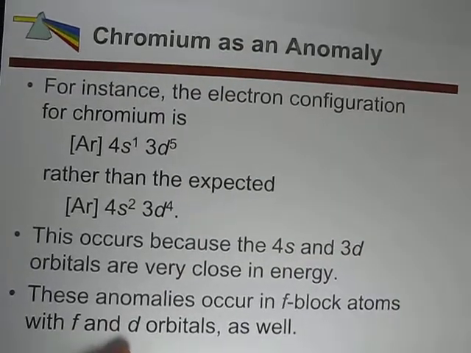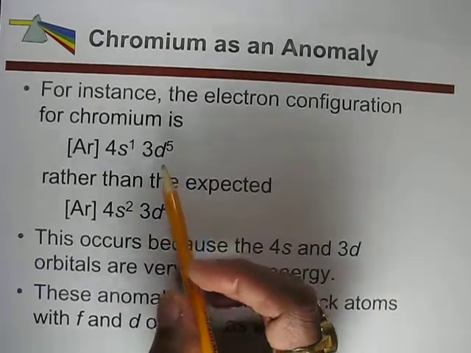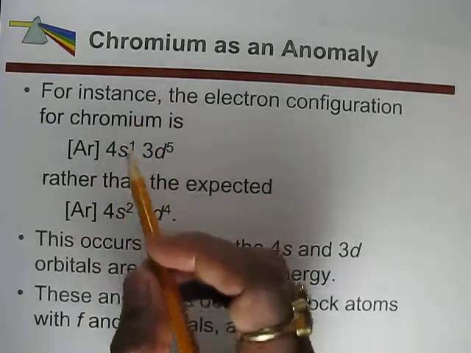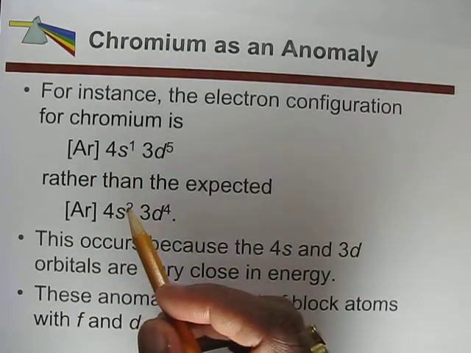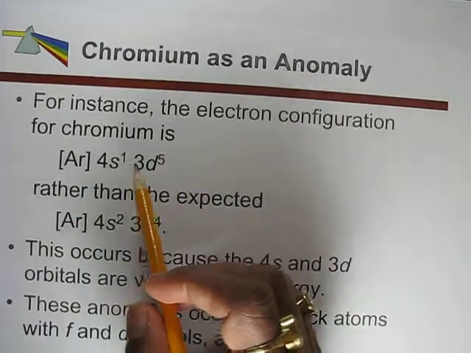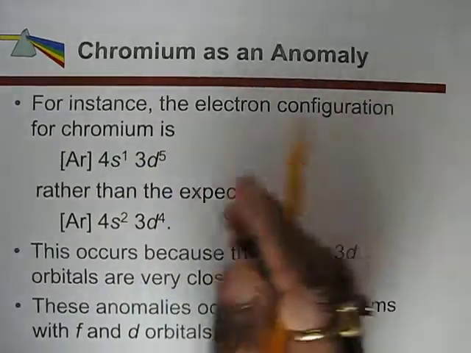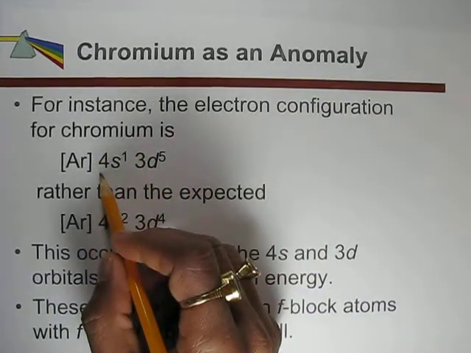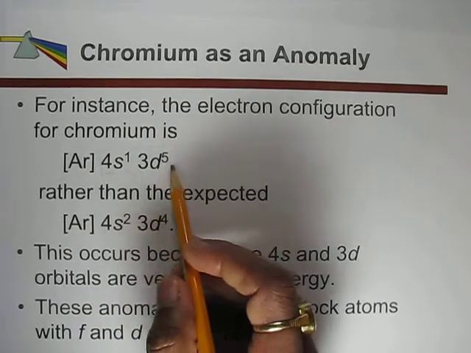For example, in case of chromium, you can see this has the argon electronic configuration. How I write argon, I will show you in the next slide. So in the outermost, the last electronic configuration is 4s1 and 3d5.